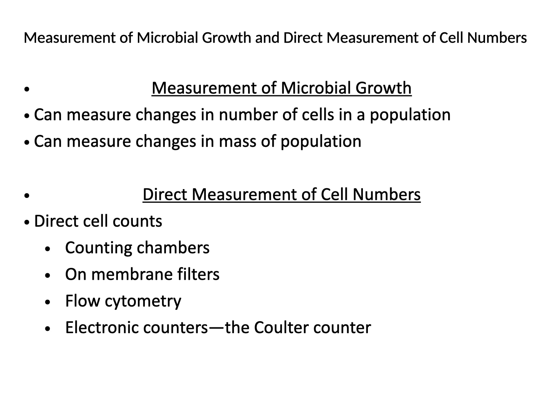Electronic counters are more expensive than counting chambers. A counting chamber costs about $200 and can be reused repeatedly. An electronic counter, about 10 years ago, cost about $30,000 to $40,000, depending upon the company you got it from and service contracts and such.